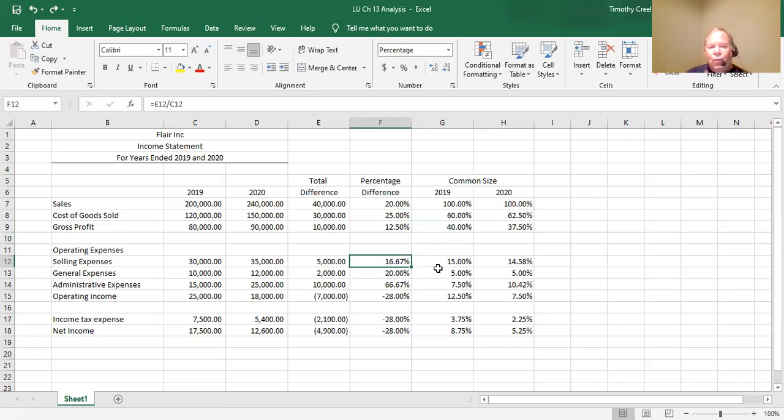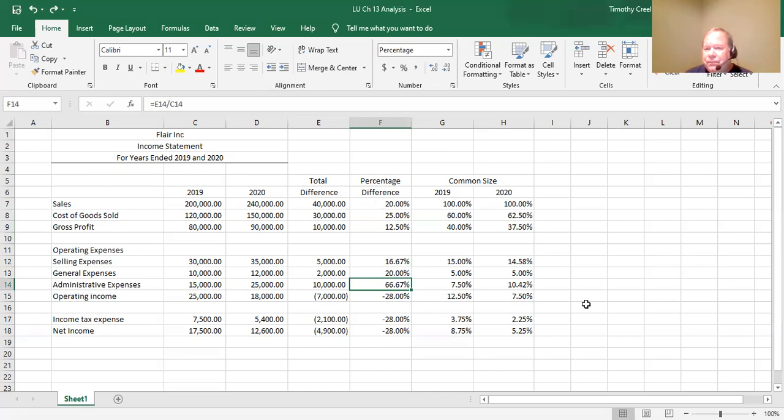So the first thing I would do is look into why cost of goods sold increased and why administrative expenses increased. Was it some kind of an error? Are suppliers all of a sudden charging us more? Was there a bonus payout? What caused these numbers to be so high?